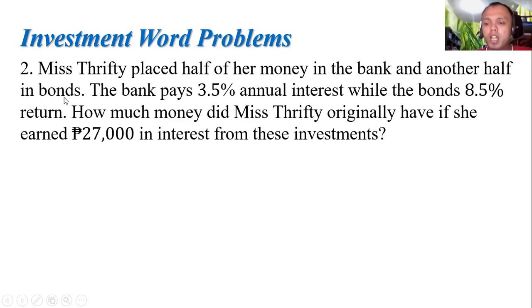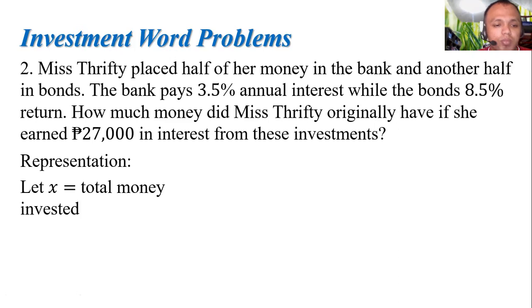Kumbaga meron na siyang pera, hinati niya into two equally, yung isa sa bank, isa sa bond. Sa bank, meron 3.5% annual interest. Sa bond naman, may 8.5% interest rate. Now, ano daw yung original money niya kung nakakakuha siya annually ng 27,000 pesos?